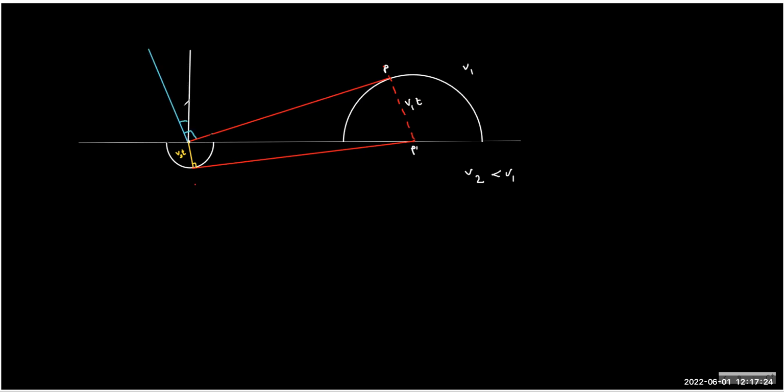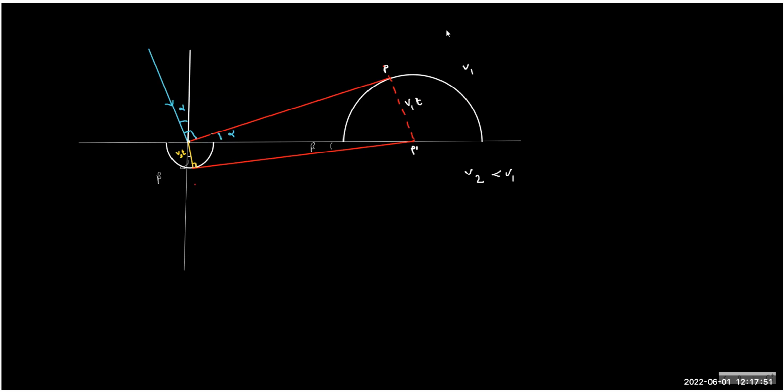This is called angle of incidence because this is the light ray, and this alpha, this is also alpha. And similarly, if you do the same thing, this is the beta. This is also beta.